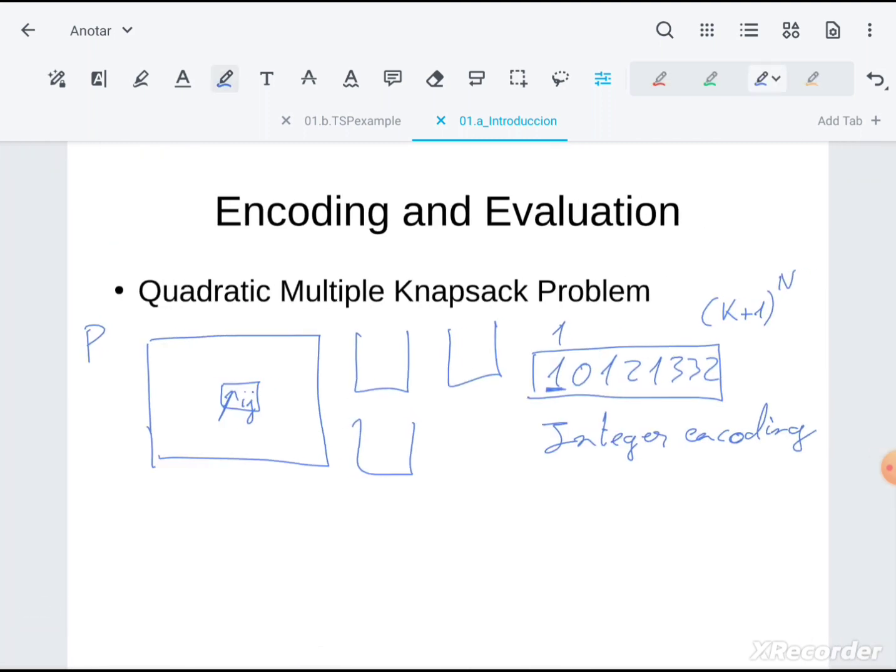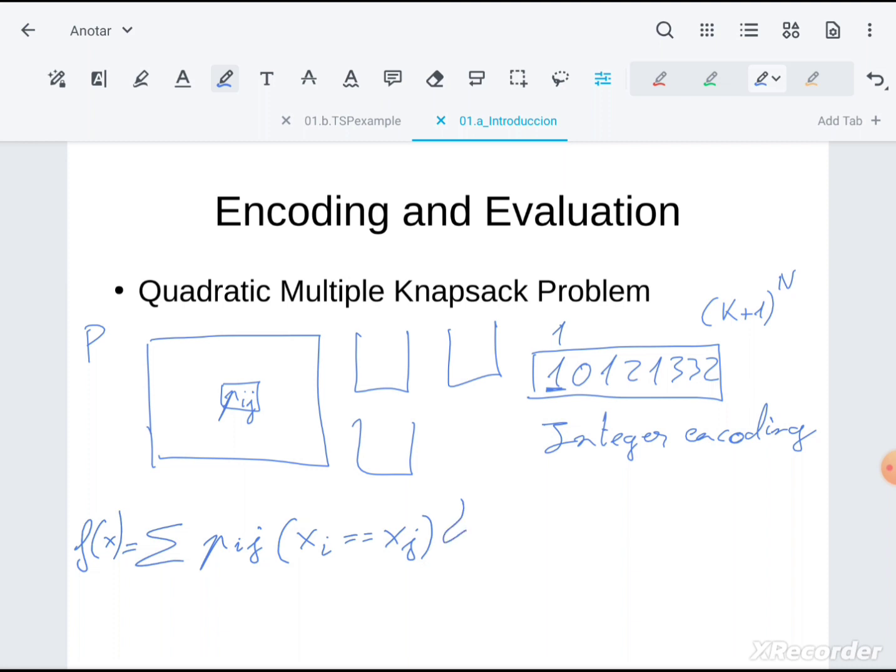The fitness function is that the sum of the paired profits should be maximized. You are summing these profits if the knapsack where you have put the ith object is the same as the knapsack where you have put the jth object.